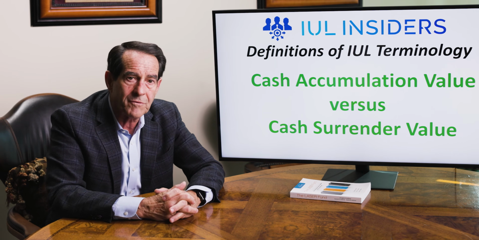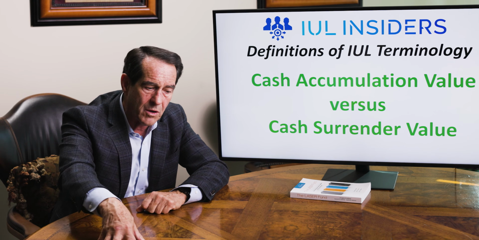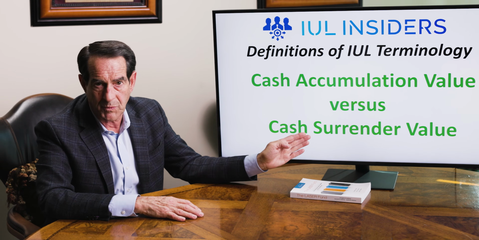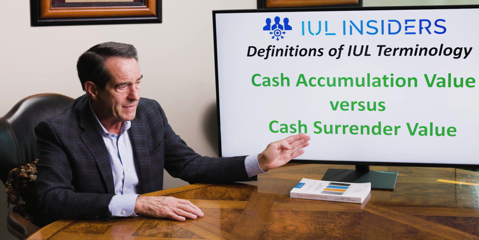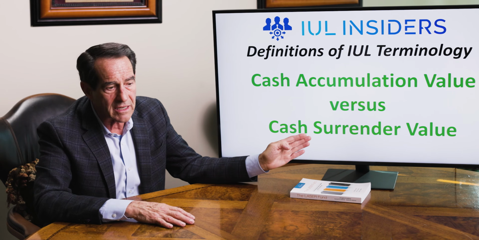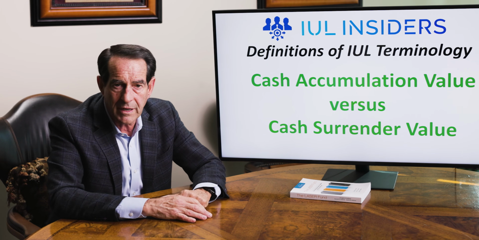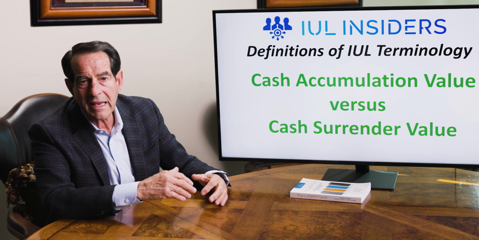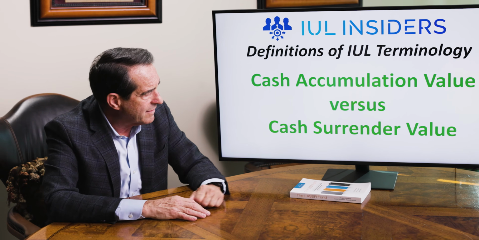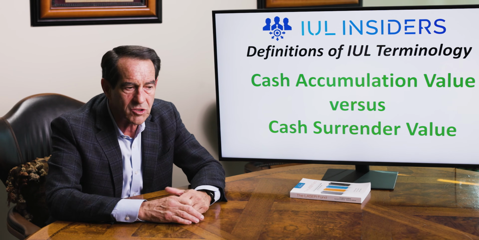But generally speaking, if you want to have the best net internal rate of return down the road, you don't worry about the cash surrender value. Only if you're worried about, well, if I put in $100,000, I want access to 100% of my cash accumulation value in case of an emergency or whatever. Well, then you pay an extra fee for that waiver of the cash surrender charge.